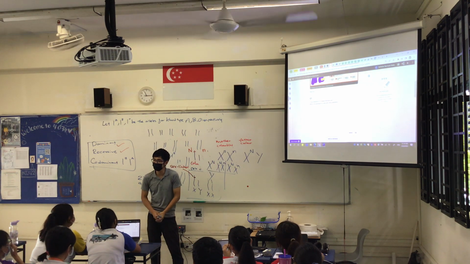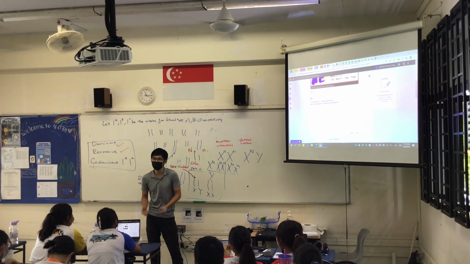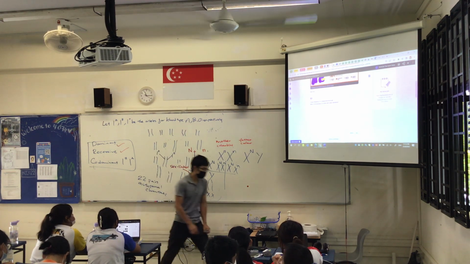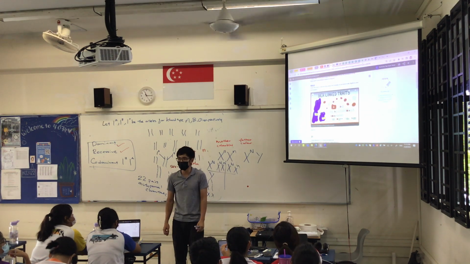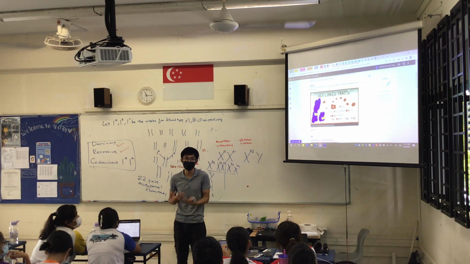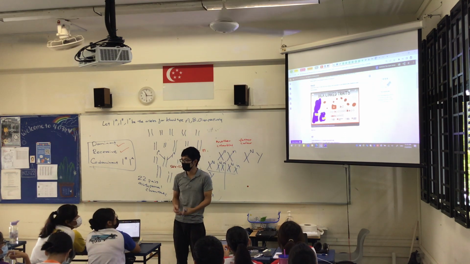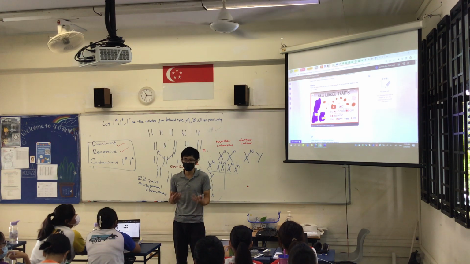There are other sex-linked genes that can result in more serious things. One sex-linked gene is called hemophilia. With this particular allele, if a person has this illness, blood cannot clot. If they get a cut, they will just bleed.